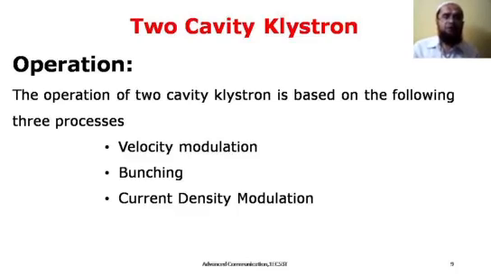We need to control their speed. We must change, alter, each electron's speed. The process of changing or altering the speed of individual electrons, we call velocity modulation.